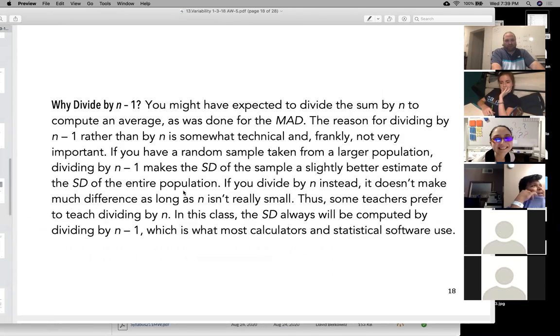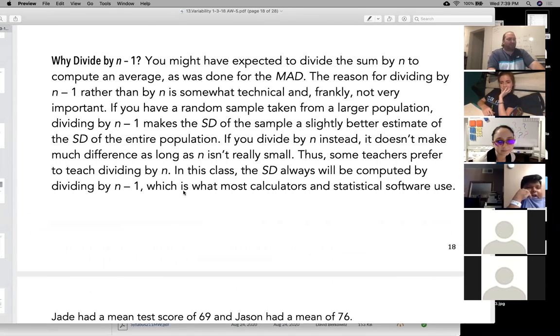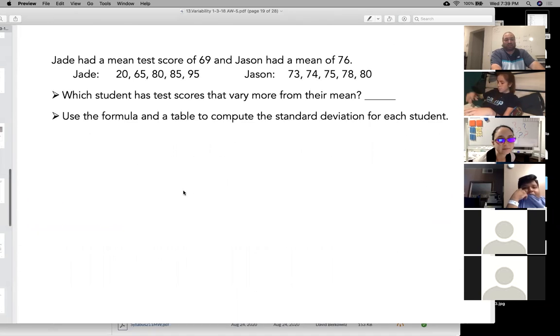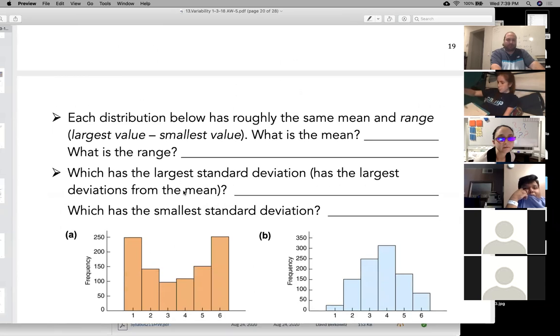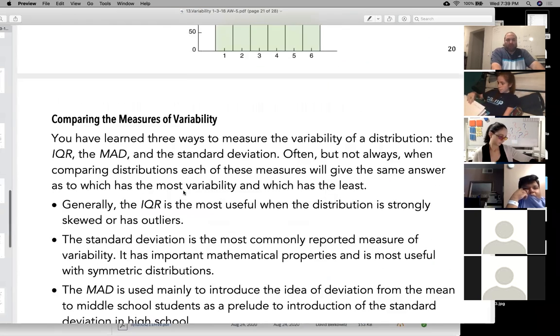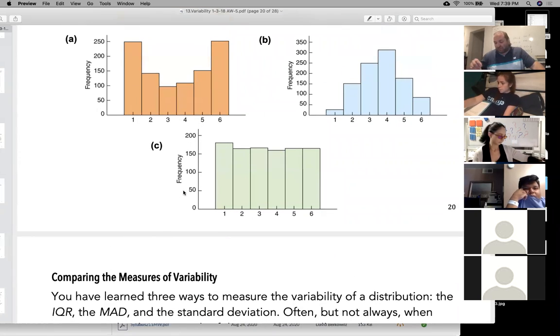But anyways, you should know why we divide by n-1 and not n. Remember about bias? I talked about that. Although I'm not going to ask on that, you should know it anyways. You should have a conceptual understanding of standard deviation, even if I don't ask a calculation problem. Remember, the more spread out stuff is from the mean, the greater the standard deviation.